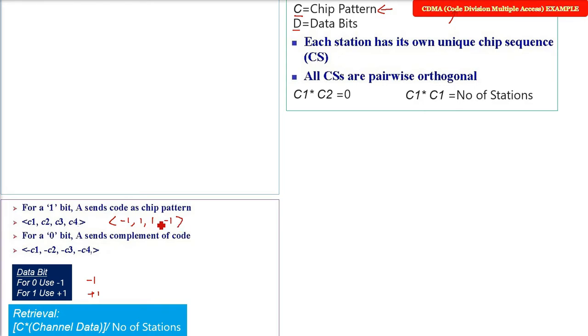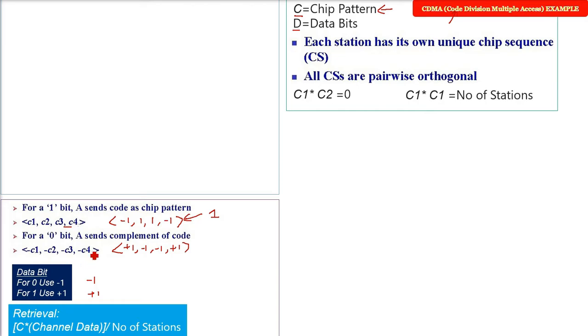It can go above. So -1, 1, 1, -1 we have taken. This is a chip pattern or chip sequence. When we send 1, we send this. If you are sending 0, then the same machine will complement it, that is, +1, -1, -1, +1. So the complement will be sent.